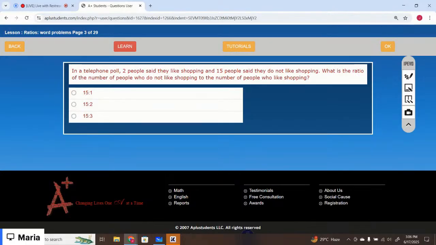In a telephone poll, 2 people said they like shopping and 15 people said they do not like shopping. What is the ratio of the number of people who do not like shopping to the number of people who like shopping?